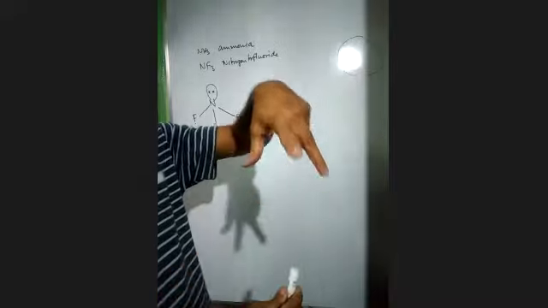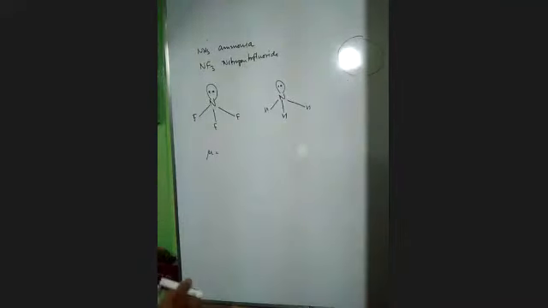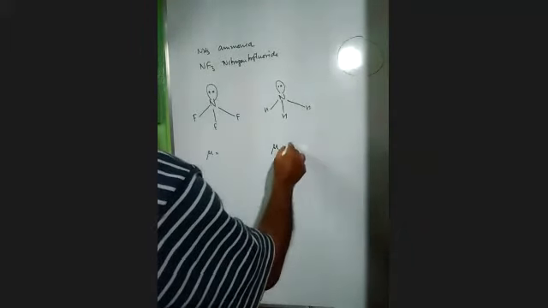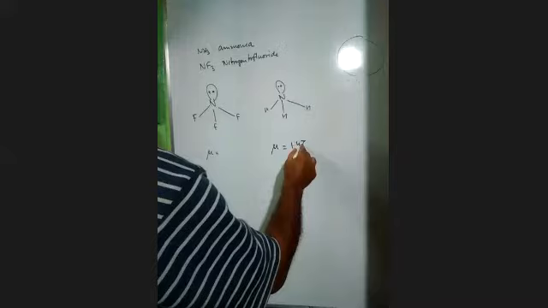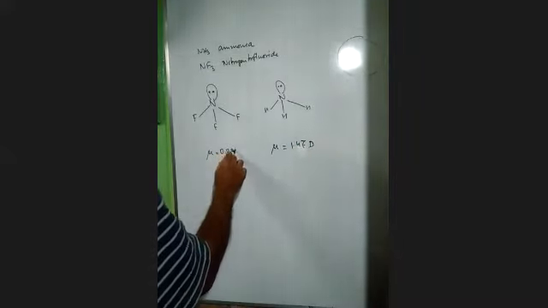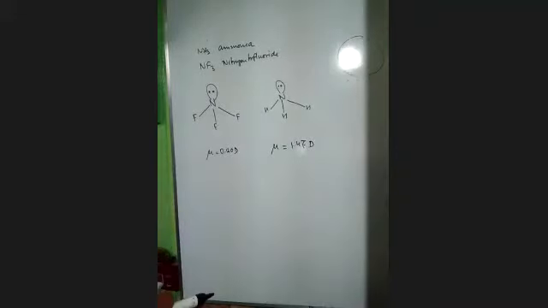So all of them are in the same direction, so you should have a very high dipole moment. But you will find this very strange: this is 0.20 Debye. So it's very strange. We find in that case ammonia is more polar than nitrogen trifluoride. This question is there in your book.